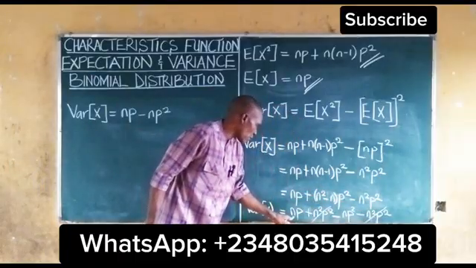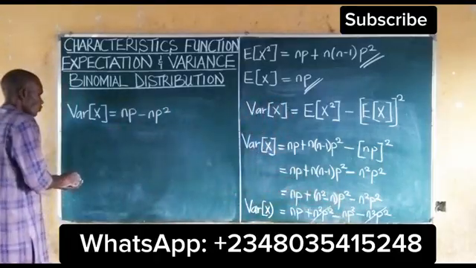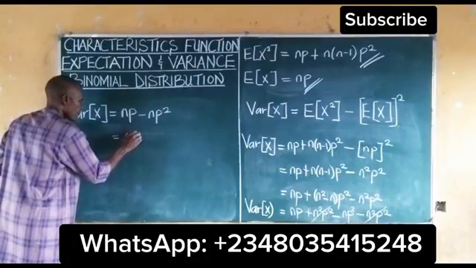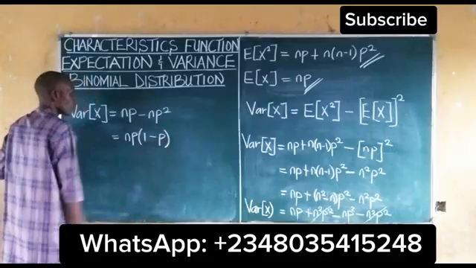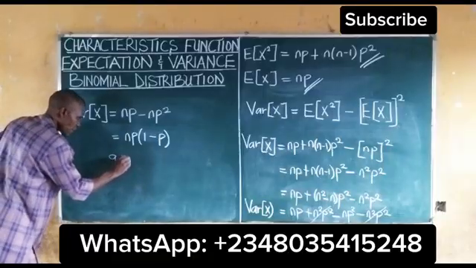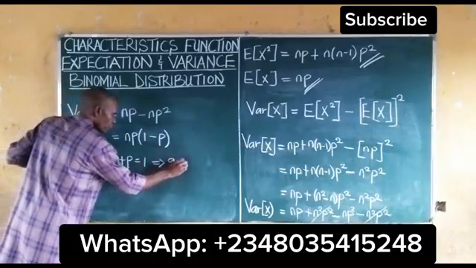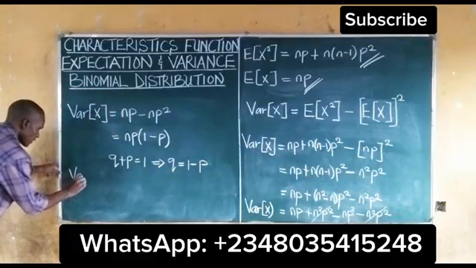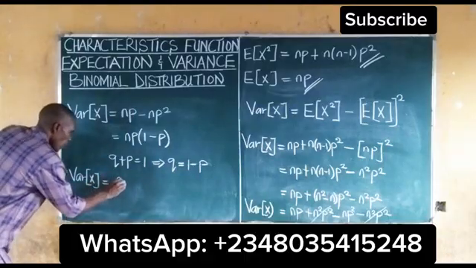So we are left with np minus np squared, which is this. Of course, you know something is common. So np can come out to give us 1 minus p. Of course, from probability, q plus p is equal to 1. It then implies that q is equal to 1 minus p. So it then means that our variance of x is equal to npq.